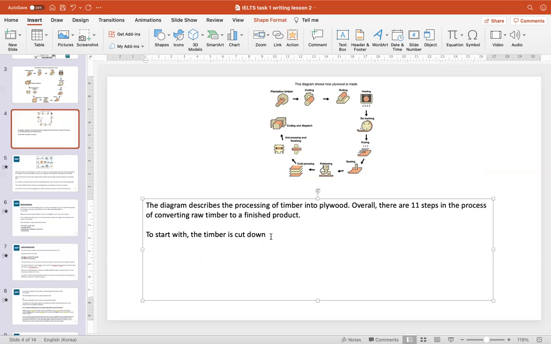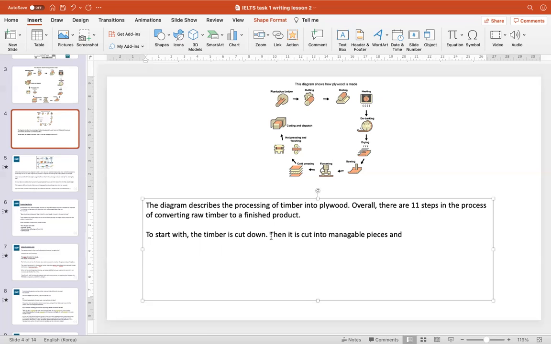Okay, then what happens after that? Then cutting them into slices. Yeah, okay. Then again, we need to use the passive every time. So then it is cut into manageable pieces or logs, I guess they're called.